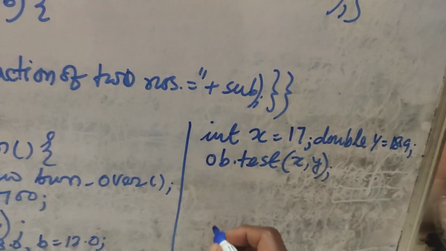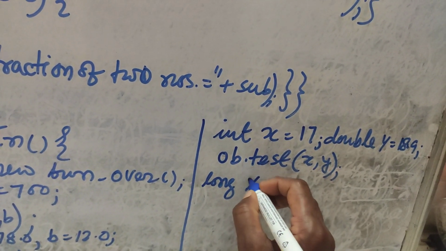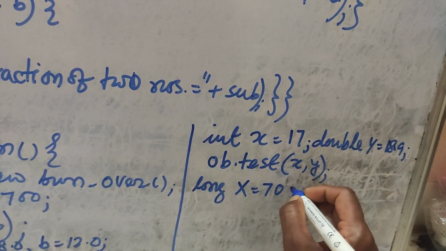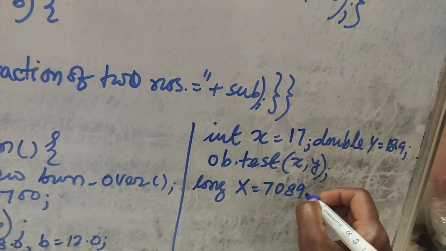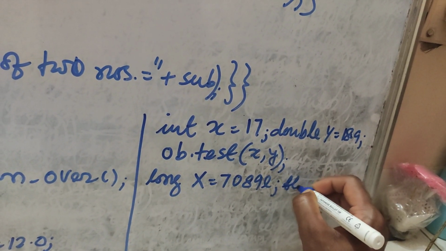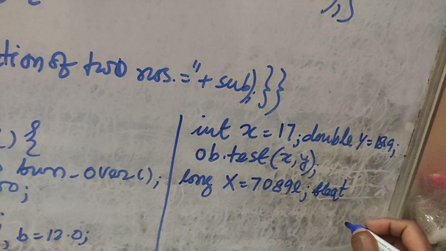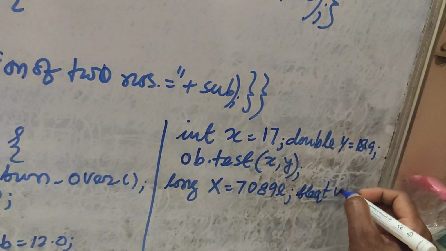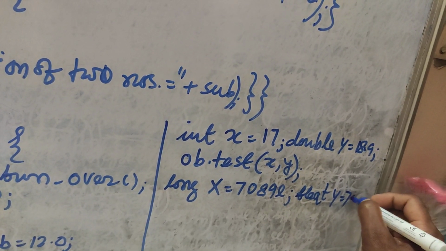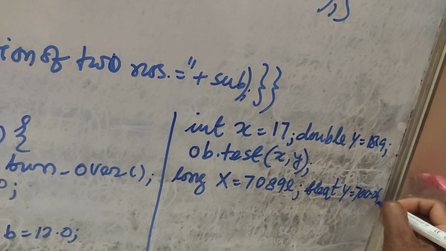Now another one is long and float, subtraction of two numbers. If I want to call that: long x equal to 7089L, and one is float, float y equal to, suppose, 7000f.